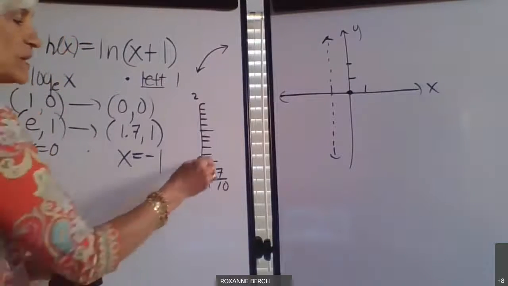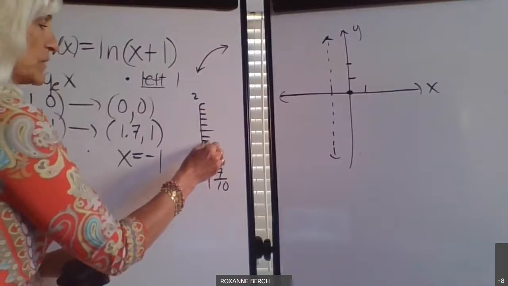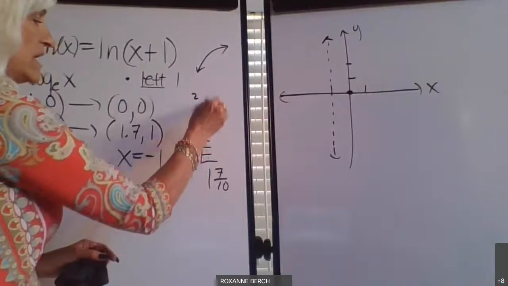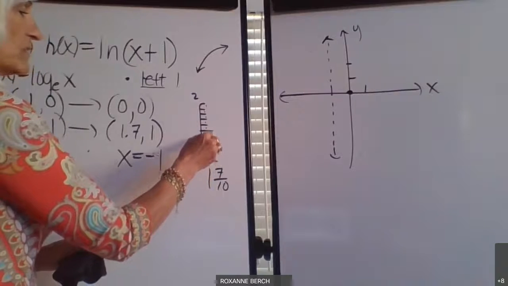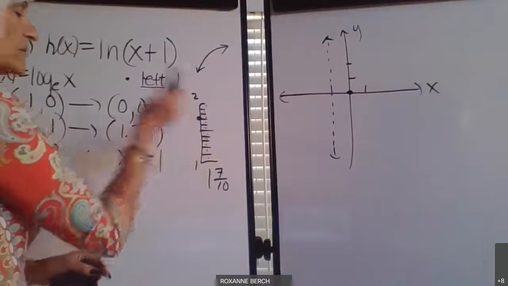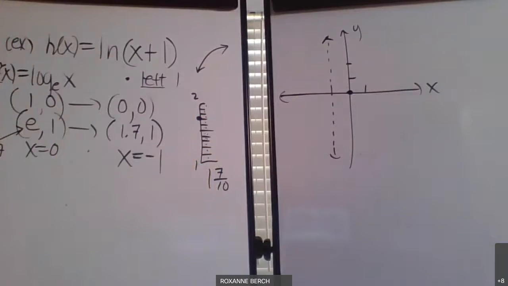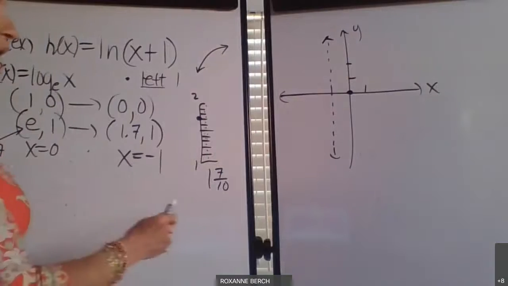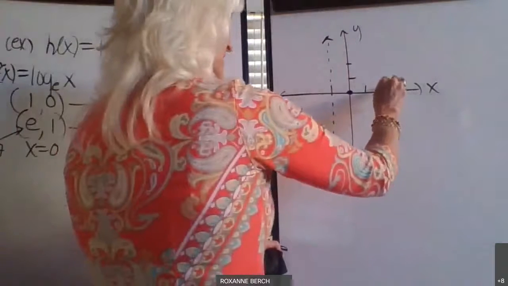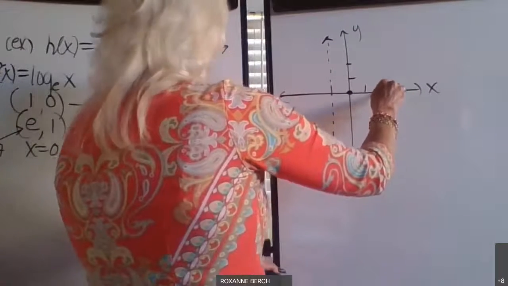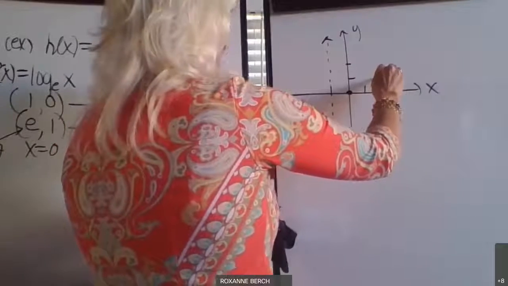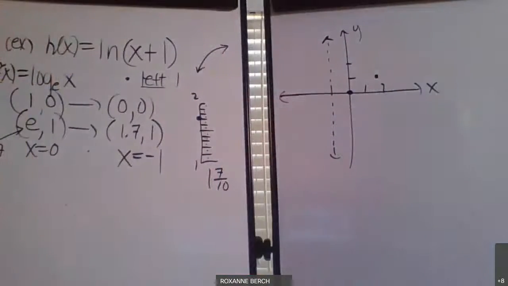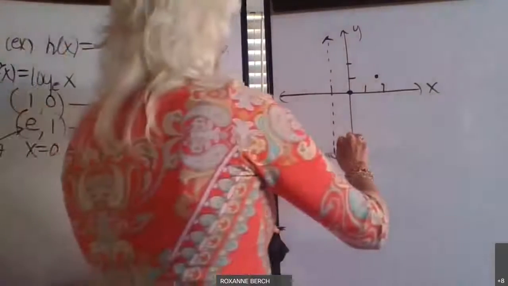I'm not talking about the tick marks. I'm talking about the parts. 7 out of 10. 1, 2, 3, 4, 5, 6 would be there. So we go right 1 7/10. Just say there. And we go up 1. And there was no reflection or anything. So we just run them up along the asymptote.